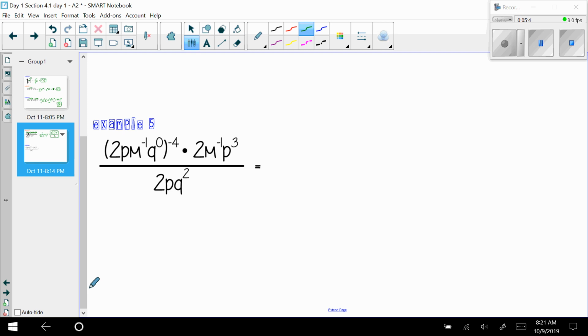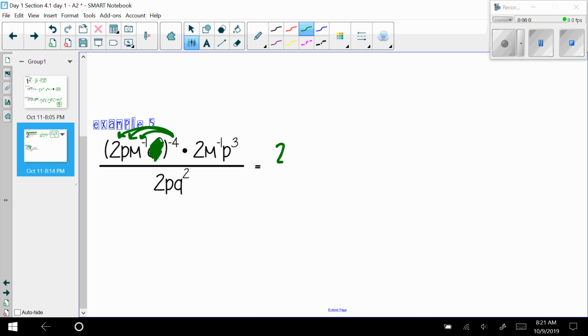All right, let's try this one. I see parentheses, but there's nothing to combine in my parentheses. So I'm going to go ahead and distribute that -4. But before I do that, see this q to the 0? Anytime I have a 0 exponent, I just cross that out because it becomes the 1 and we don't really care about it anymore. So let's go ahead and distribute that -4. Distribute it to the 2, the p, and the m.